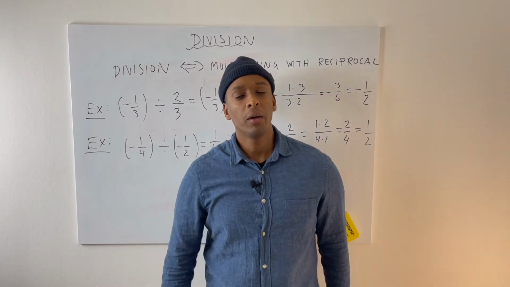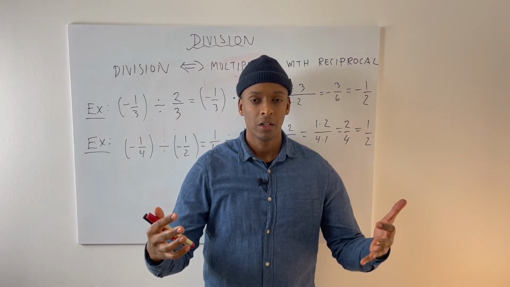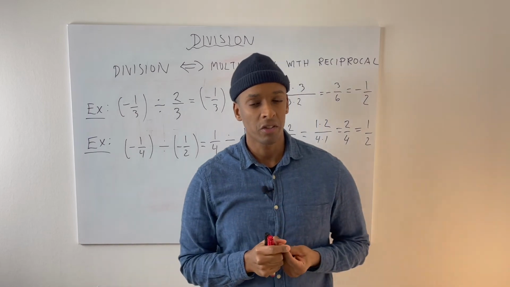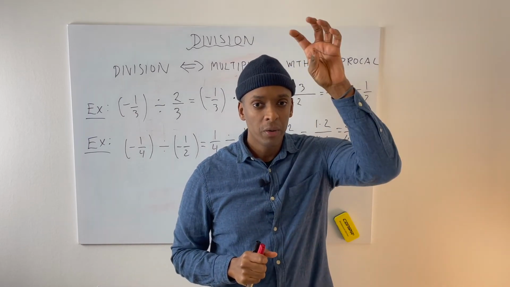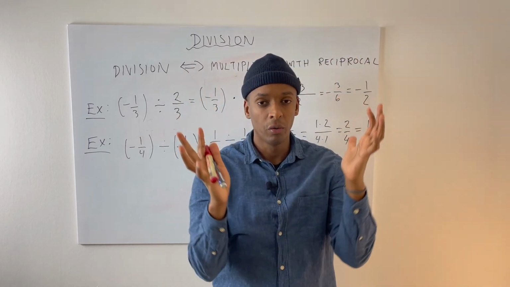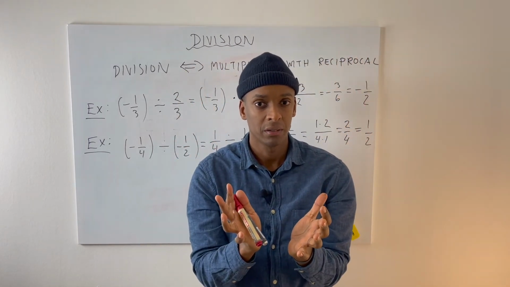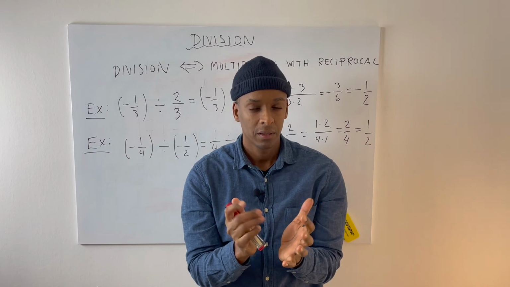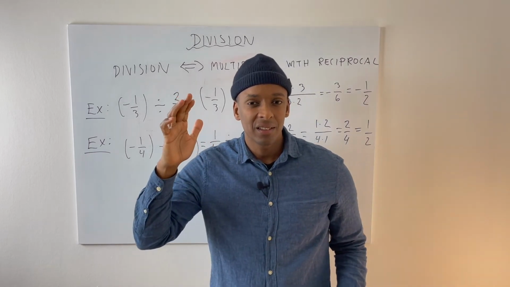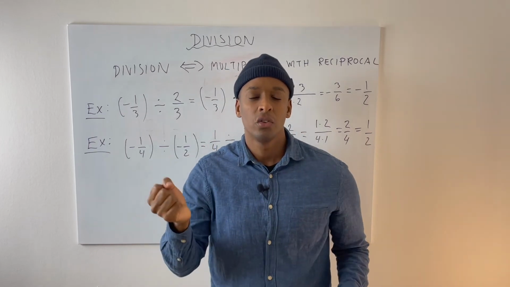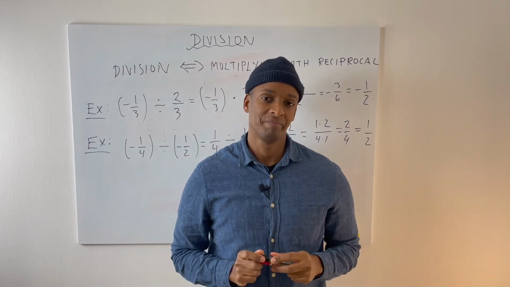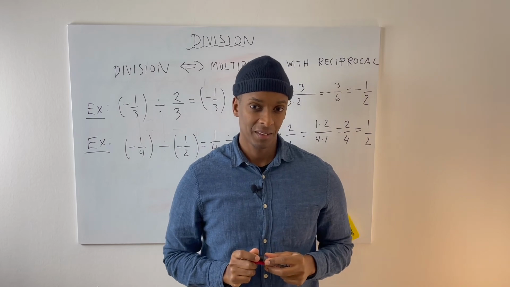Okay guys, so today we talked about division. We learned that there are 2 different ways of writing division. We talked about the numerator, the denominator, and the whole thing being called the quotient. We also learned that division is the opposite of multiplication.